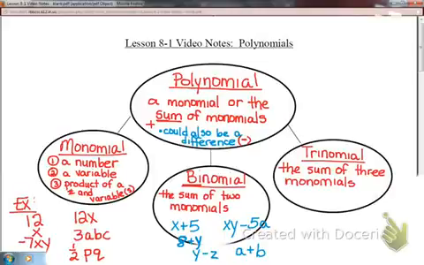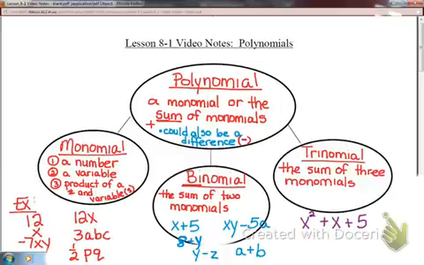An example of a trinomial is x squared plus x plus 5. That is a trinomial. There are three terms, 1, 2, and 3, separated by addition signs, and like I said, they could also be subtraction signs.